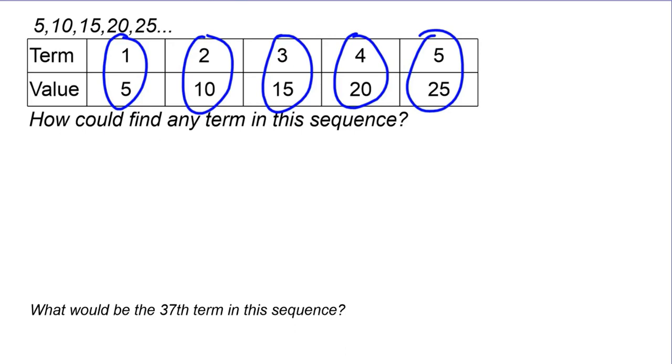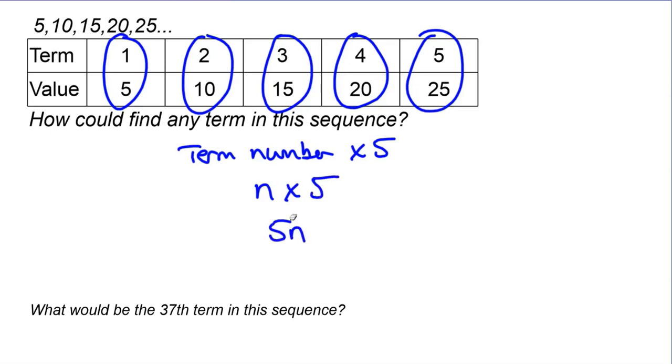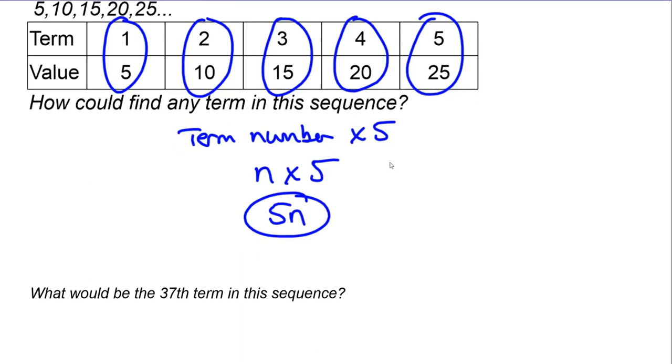So I can take the term number and multiply it by 5 to tell me the value of that term, because 1 times 5 is 5, 2 times 5 is 10, 3 times 5 is 15, and so on. So again, that's n times 5, or 5n. That algebraic expression describes this sequence. So for any term, I just take the term number times 5, and that would tell me the value of the term in that sequence.